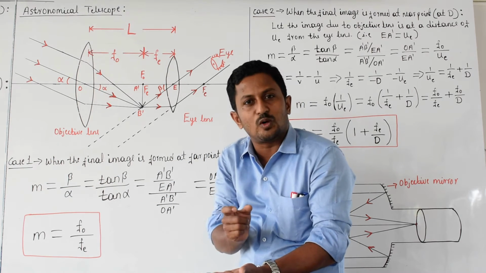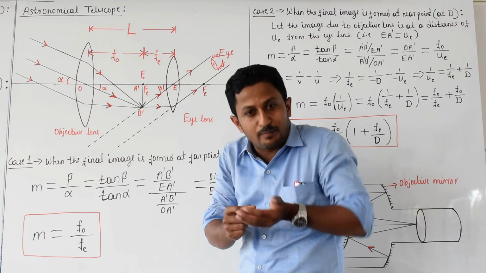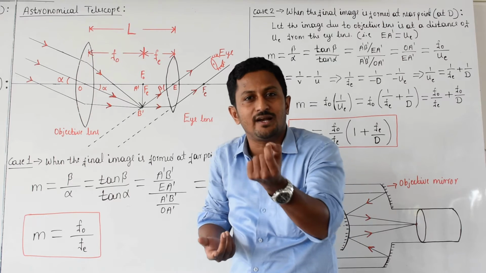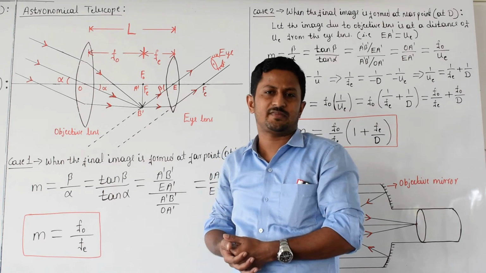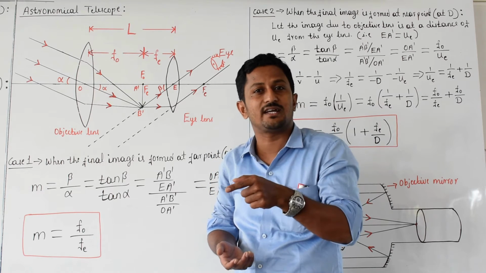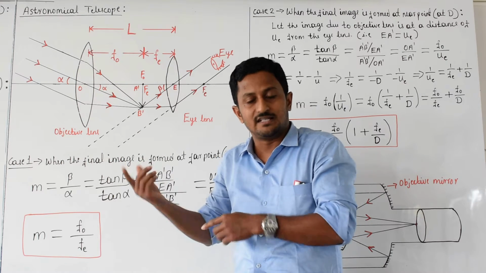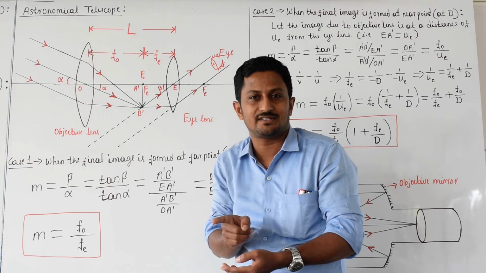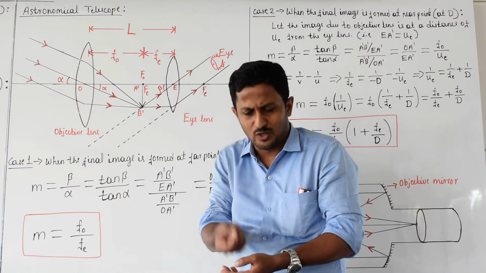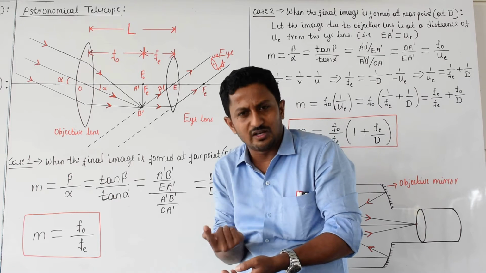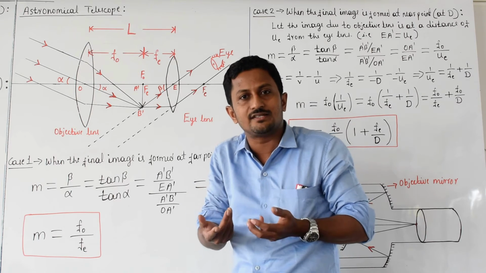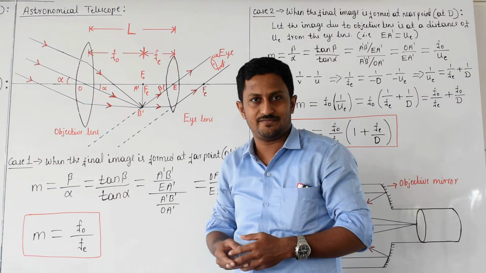Even a small aperture can get all those light rays from that small object. That's why in that case the objective lens had a small aperture.